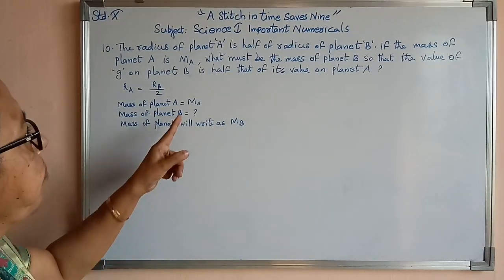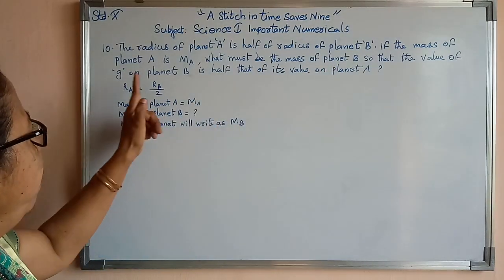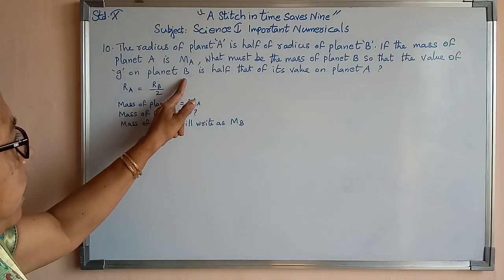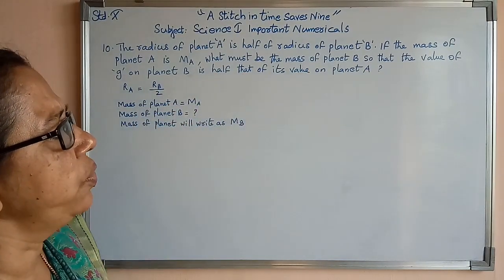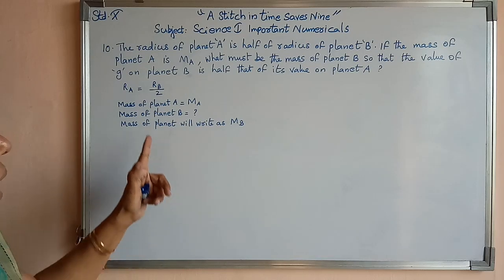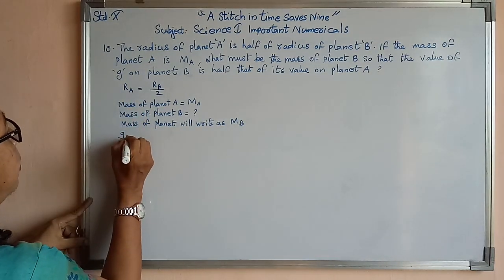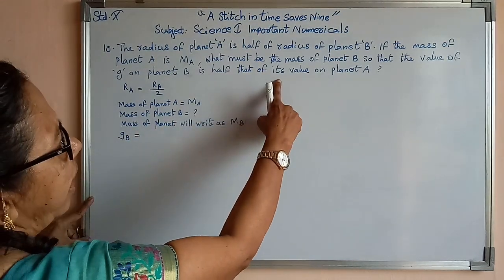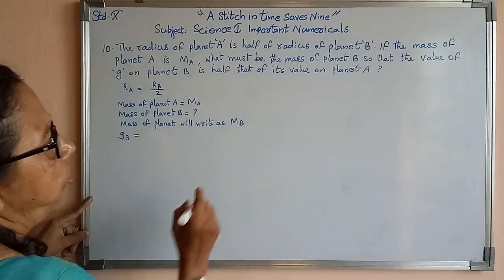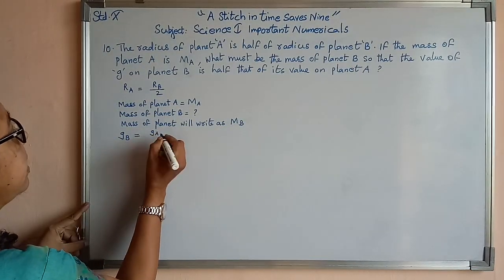Next one. What must be the mass of planet B so that the value of g on planet B is half that of its value on planet A? Now g, the gravitational force on planet B, is equal to half that of the value on planet A. Gravitational force on A, how much is there?